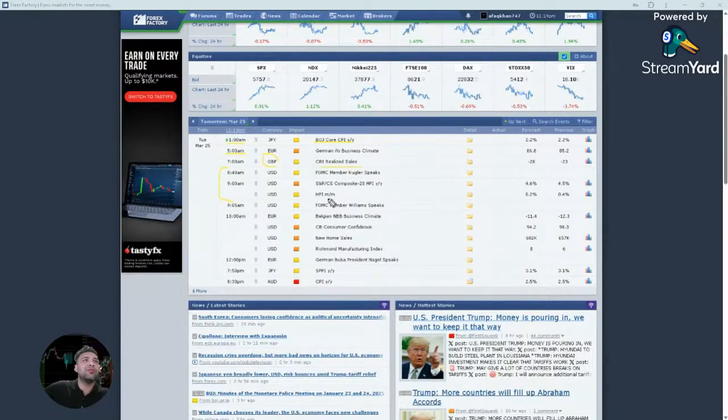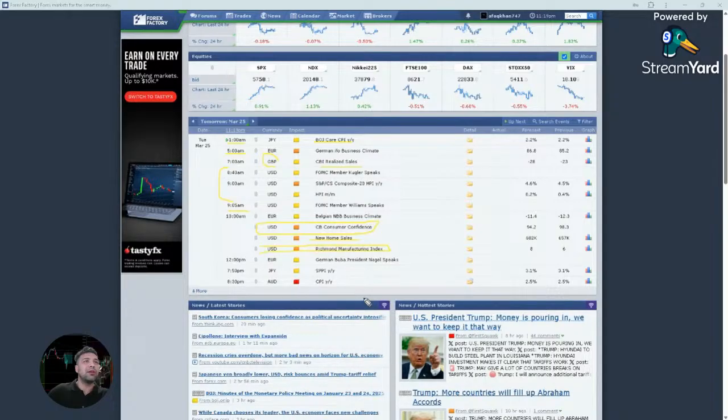S&P Composite 20 and HPI. I think this is more about the housing stuff. And at 9:05 we do have an FOMC member speaks, and at 10 a.m. we are having the consumer confidence data for the United States, and then home sales, and then the Richmond Manufacturing Index.